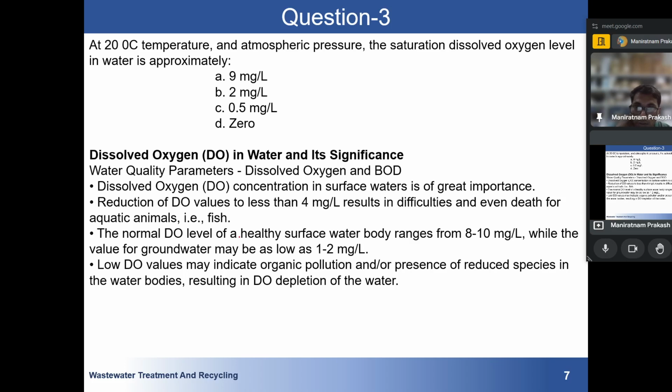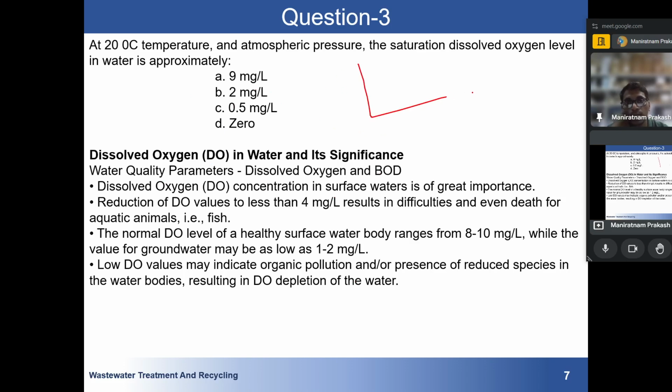The normal DO level of healthy surface water ranges from 8 to 10 milligram per liter, while in groundwater it might go to 1 to 2 milligram per liter. Low DO value may indicate organic pollution or the presence of reduced species in the water, resulting in DO depletion of water. So how is this DO significant to our wastewater?